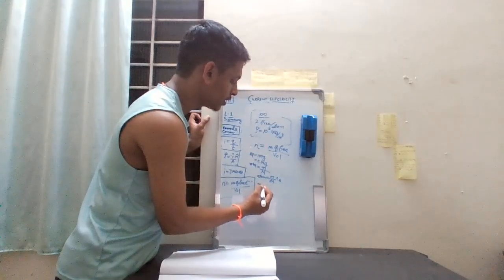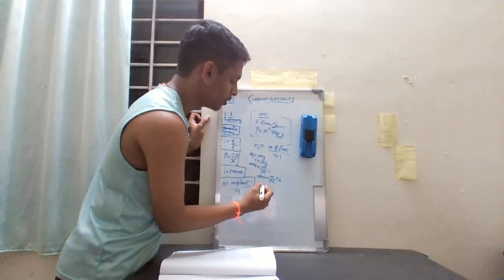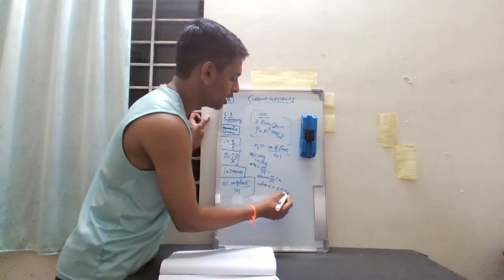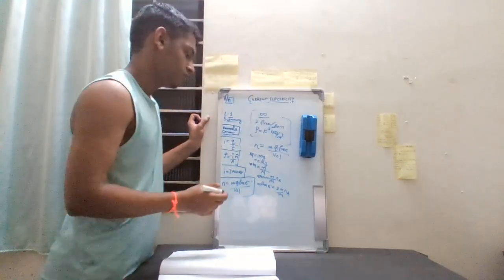The number of free electrons is two free electrons per atom, so it would be 2 into small m by M into Na.